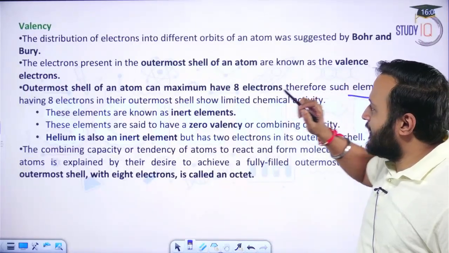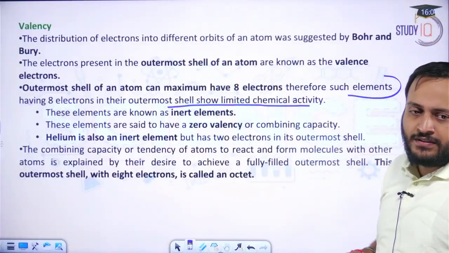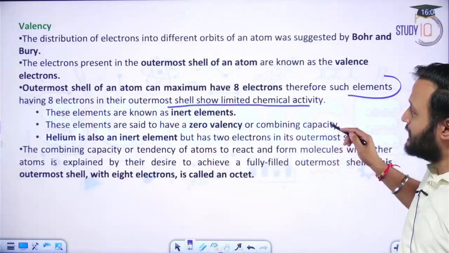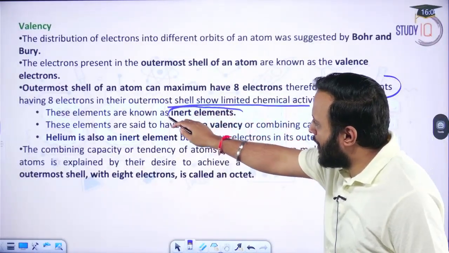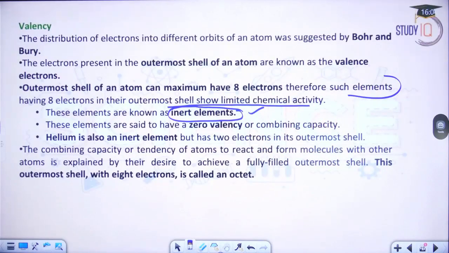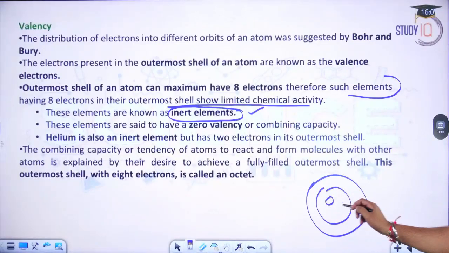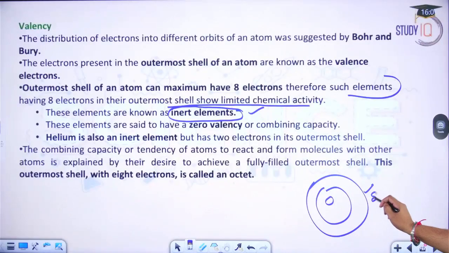And if 8 electrons are there in the outermost shell or outermost orbit, then it becomes an inert element, which means that to have a complete orbit, the outermost orbit should have 8.